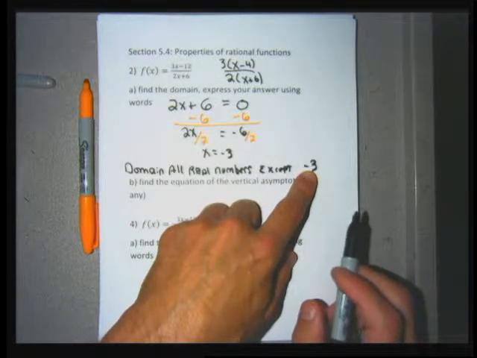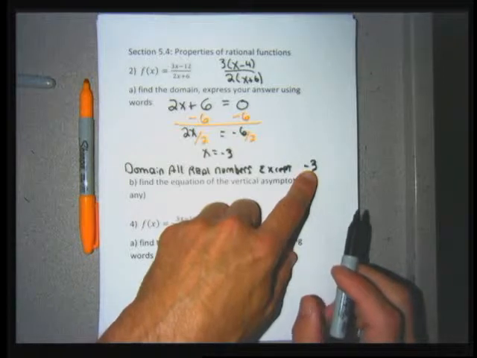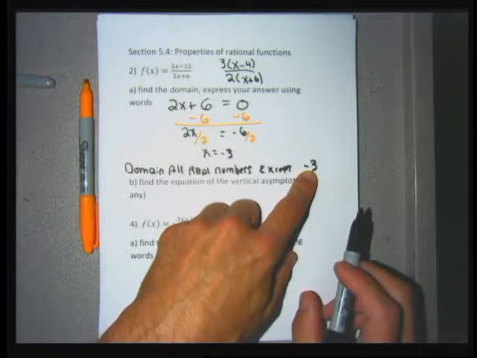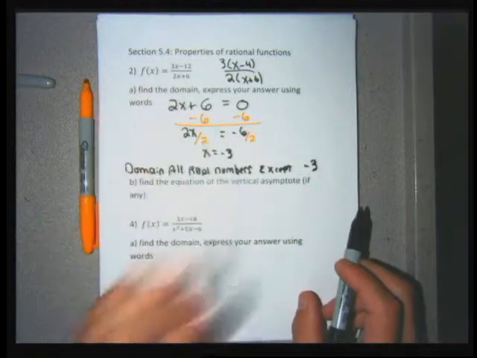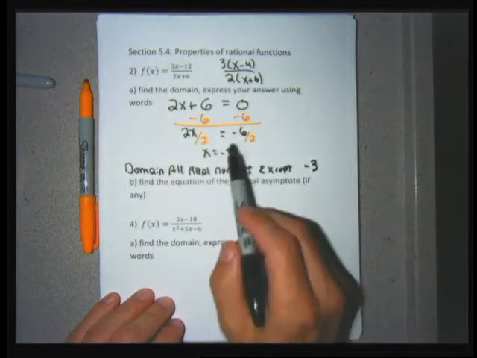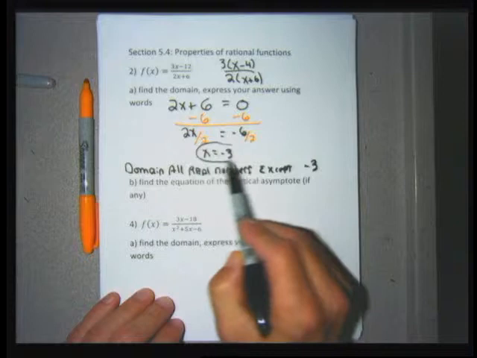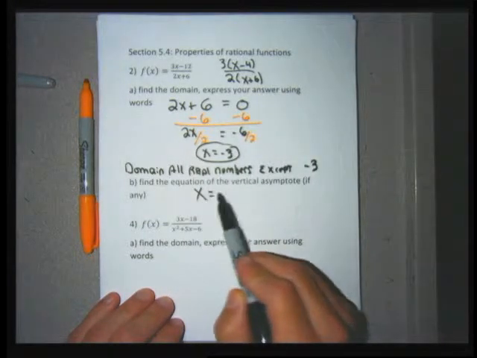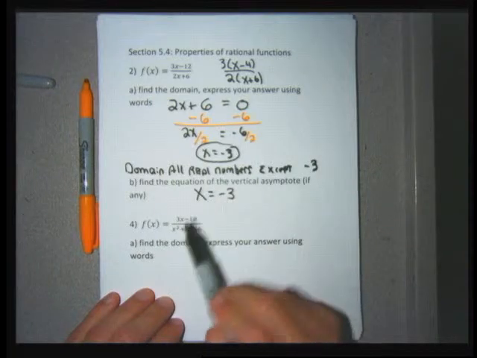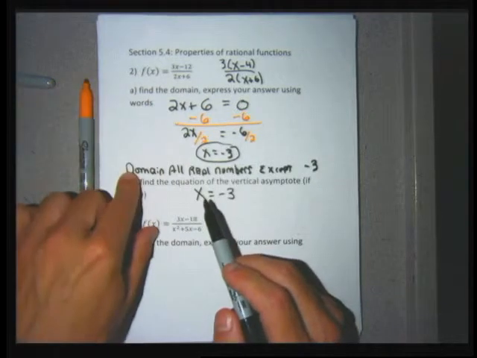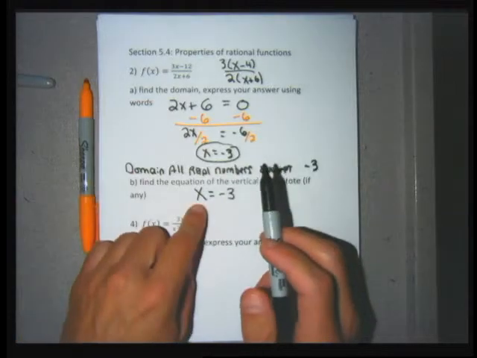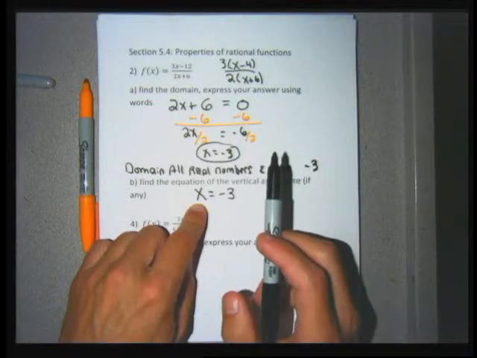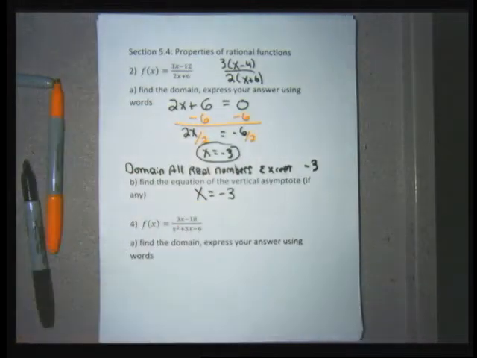A vertical asymptote will be a vertical line where the graph exists to the left and right of that line, but the graph doesn't exist on that line exactly. And the nice thing is, the equation of the vertical asymptote you get from the algebra for finding the domain. So for question 2, the domain is all real numbers except -3, and x equals -3 is the equation of the vertical asymptote. I will show you how that appears on a graph here in a second.